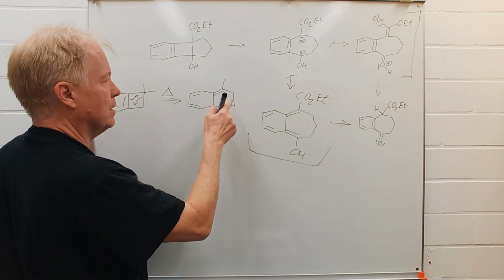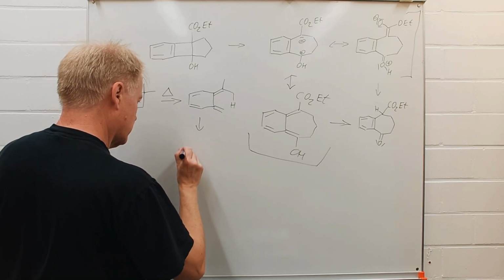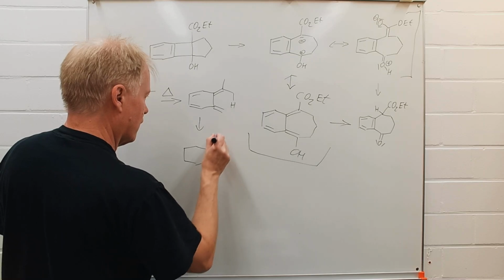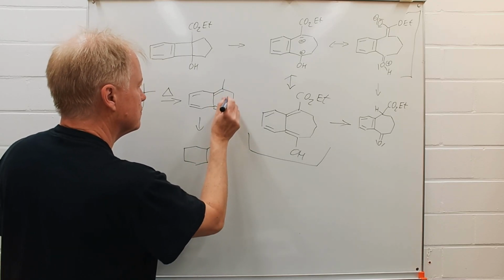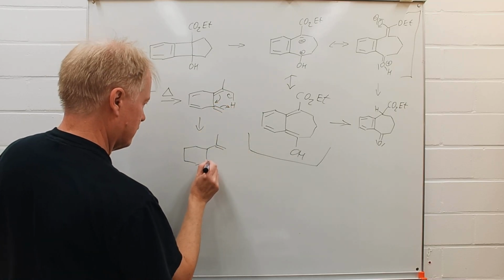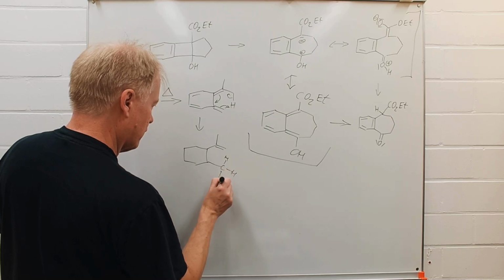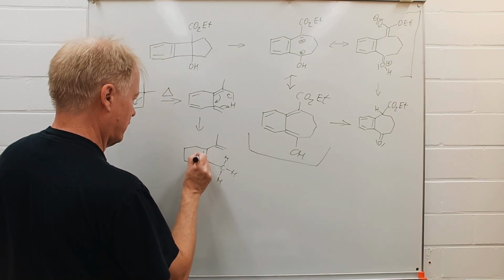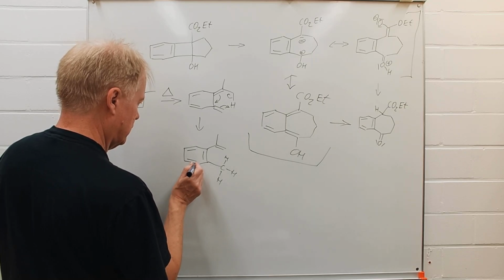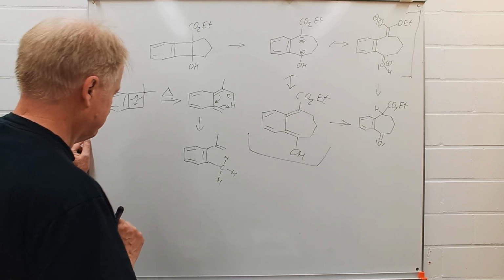And now a 1,5 hydrogen shift can take place, forming an olefin here, a methyl group there, and the aromatic system is obtained again.